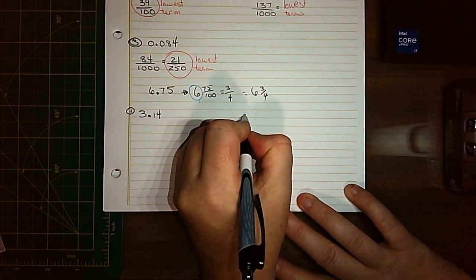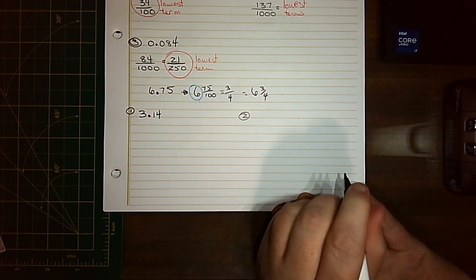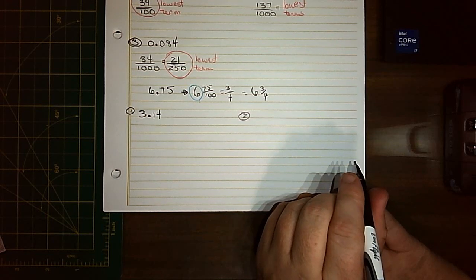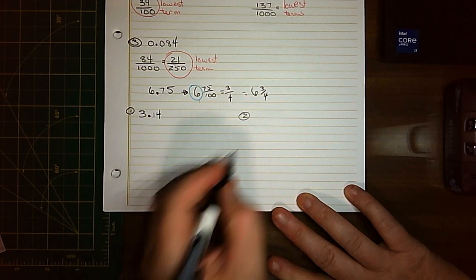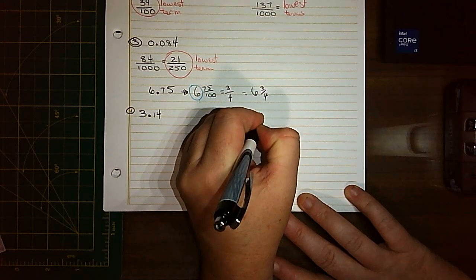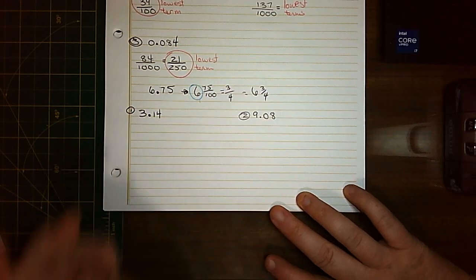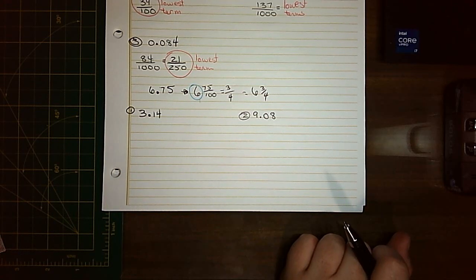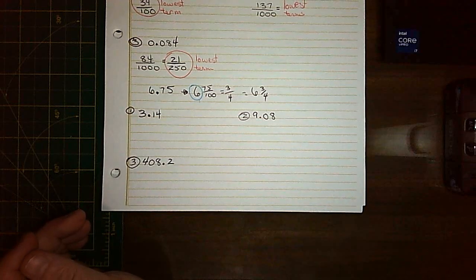And I want you to try this one as well. Let's go 9.08. Again, I haven't done these ones. I'm just pulling them out of my book. I'm going to pause and let you guys try.